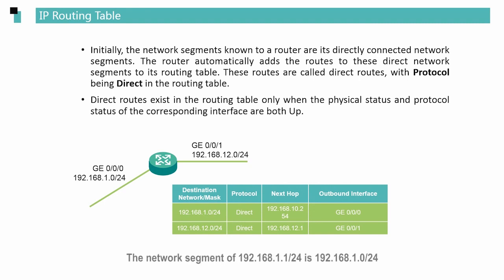The network segment of 192.168.1.1/24 is 192.168.1.0/24. When the physical status and protocol status of GE 0/0/0 are both up, a direct route is automatically generated and added to the routing table.